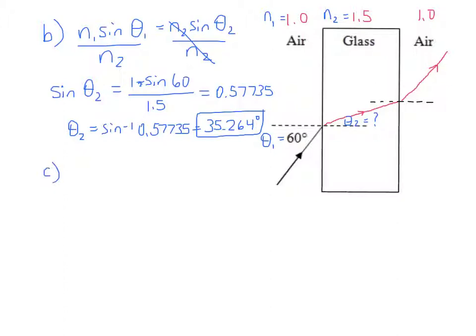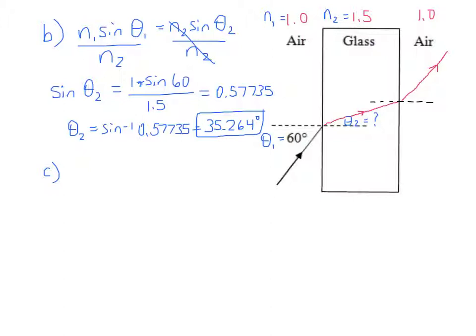So for part C, we know that this angle right here is exactly the same as this angle. That's one of those properties of geometry. They're alternating interior angles. So this angle is the same as this angle, and we want to figure out the angle of refraction over on this side.